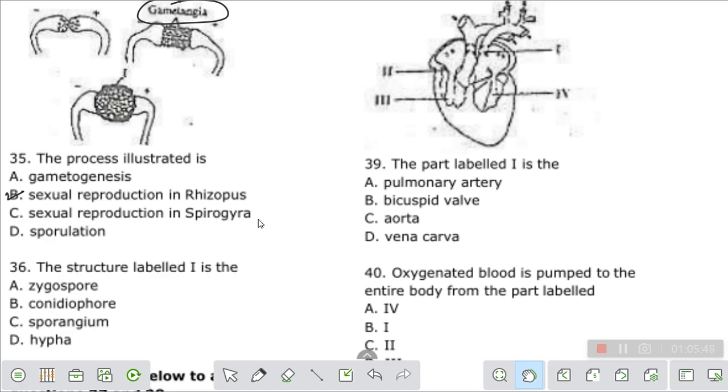Look at it very well. This structure touching this place. Is it the zygospore? So the answer is just zygospore, yes. That's your answer.